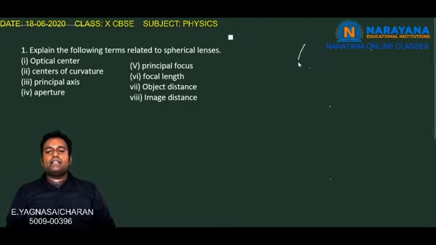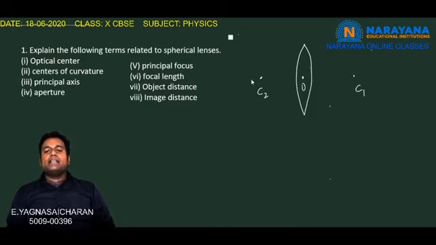If we consider a convex lens, this is the optic center, and there will be the centers of curvature C2, and on the other side C1. The principal axis, or the central axis, is a line that passes through the centers of curvature and the optic center. The line passing through the centers of curvature and the optic center is defined as the principal axis.